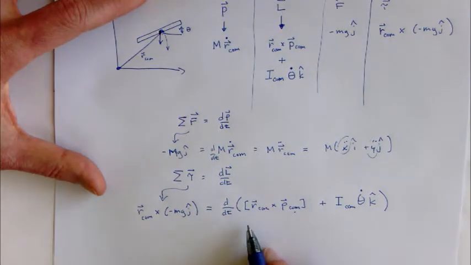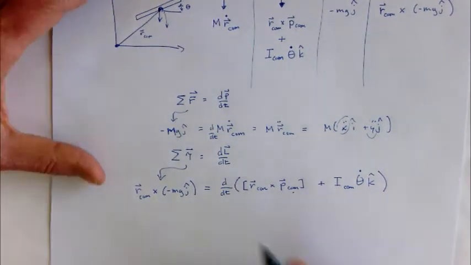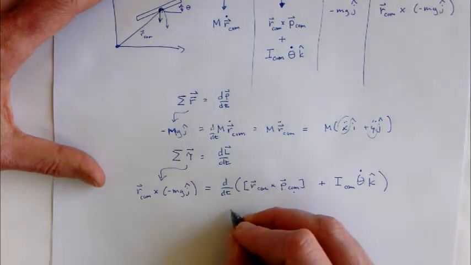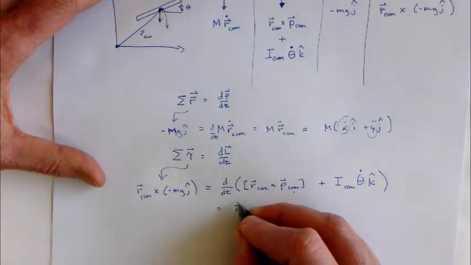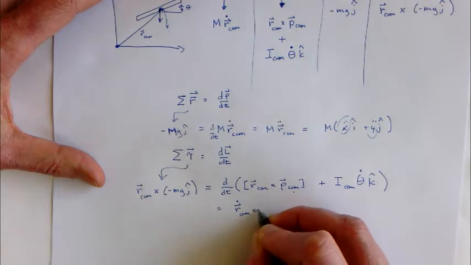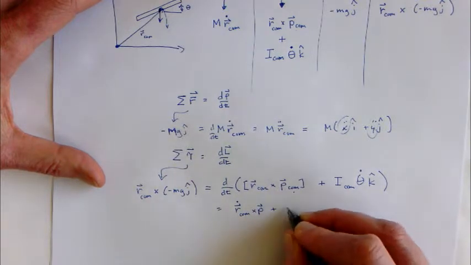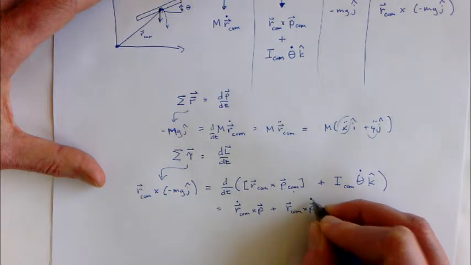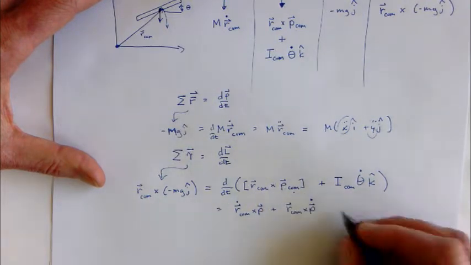If I go ahead and take this derivative now, some interesting things happen. When I take the derivative of the cross product, of course, the derivative distributes, and so I get r dot COM cross P, plus R_COM cross P dot. That's what the derivative of the first term will give me.